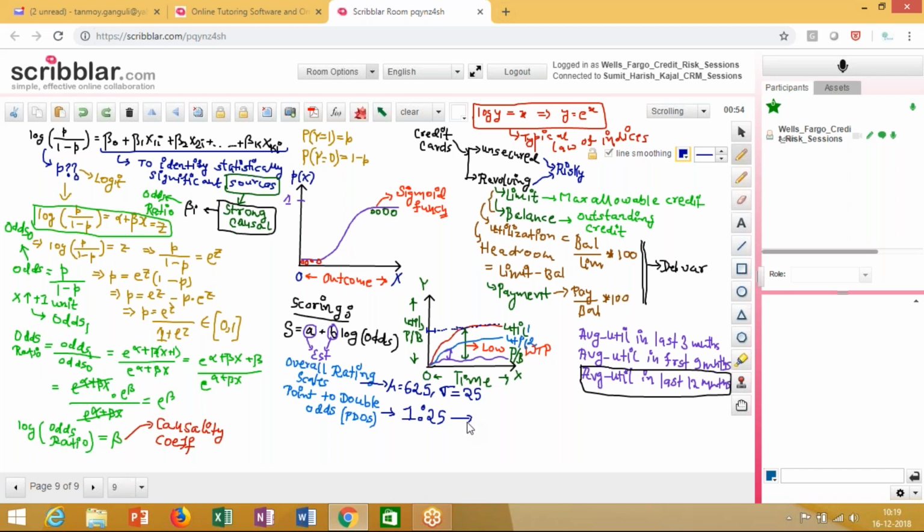Similarly, if y equals 1 is a defaulter and is increasing, then when the odds double, the score actually gets halved. So it's like 1 is to 25. For every increase of 25 points, the odds get doubled, right?